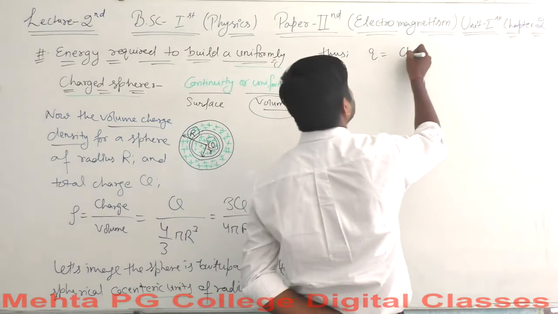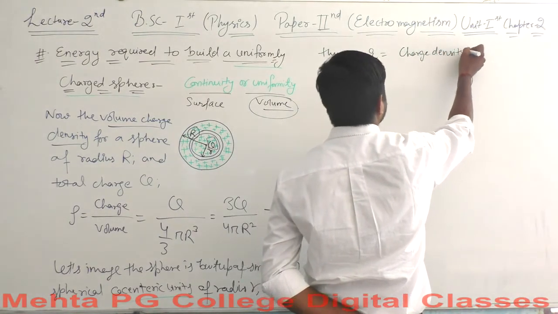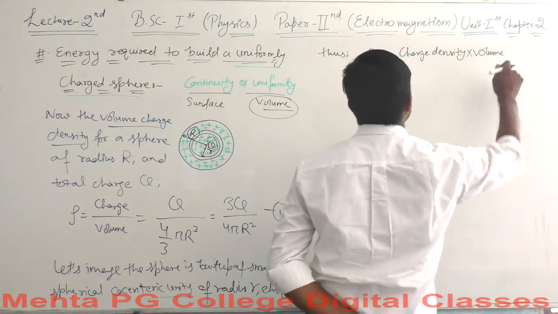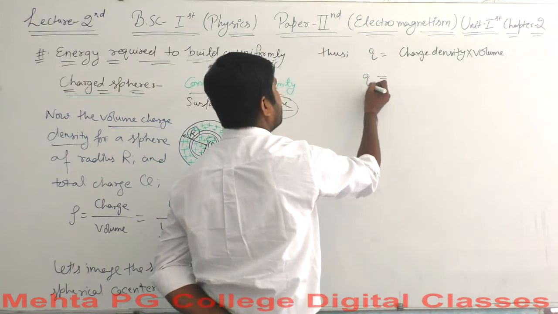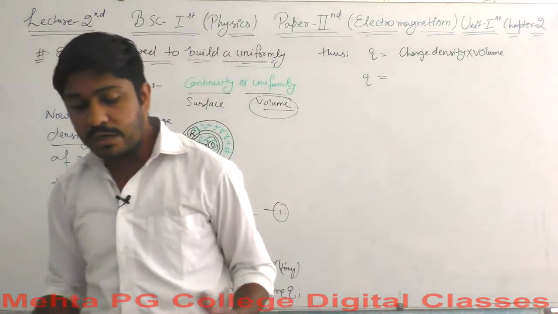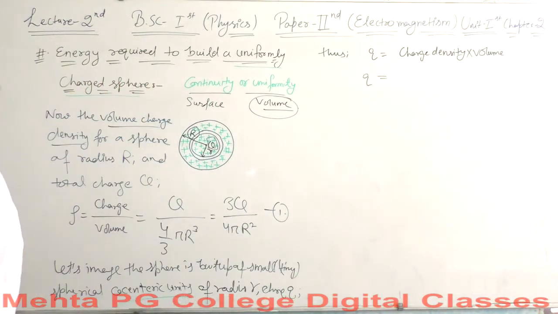This will be equal to charge density into the volume. The charge density rho is here. Well, this is for the whole sphere, but we are talking about only the smallest spherical shell.